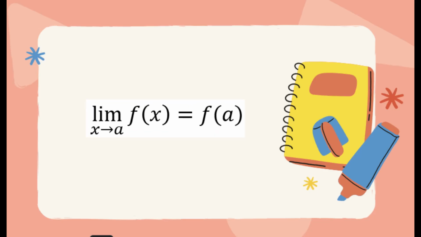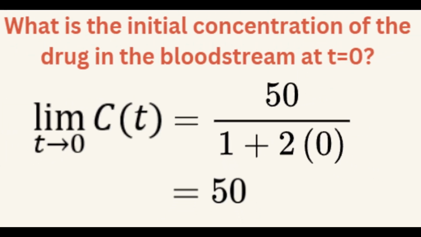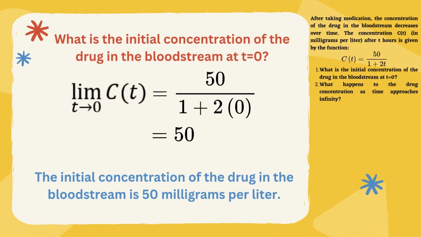The limit of f(x) as x approaches a is equal to f(a). Substituting t equals 0 into the function, we get C(0) equals 50. Therefore, the initial concentration of the drug in the bloodstream is 50 milligrams per liter.